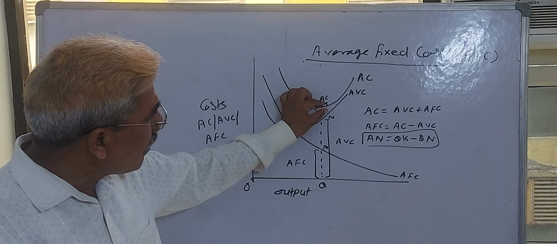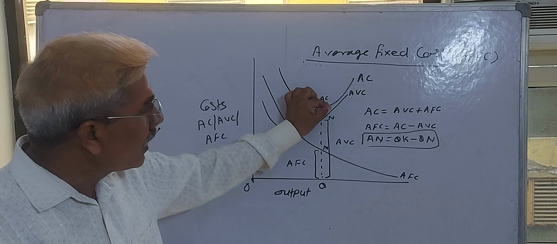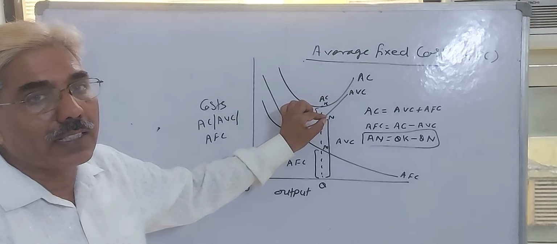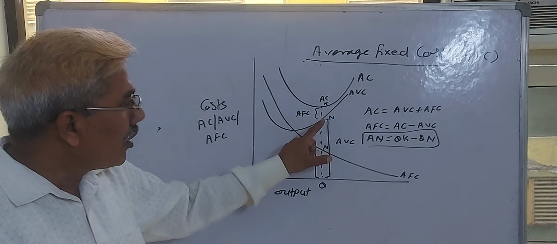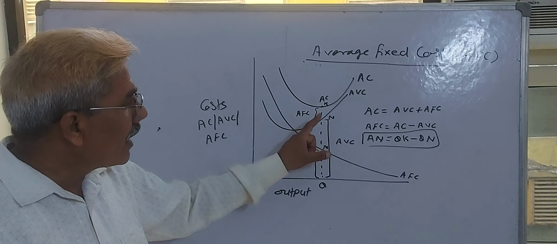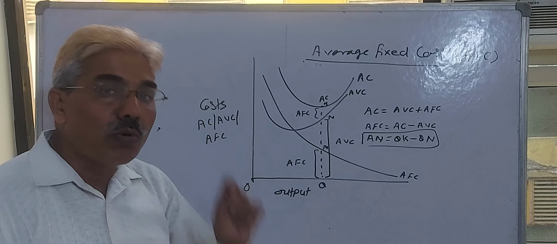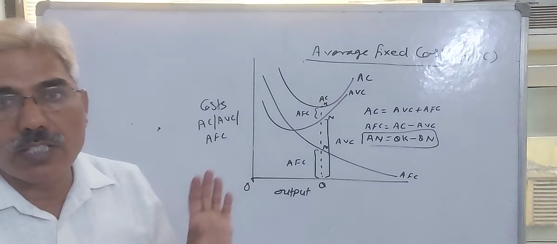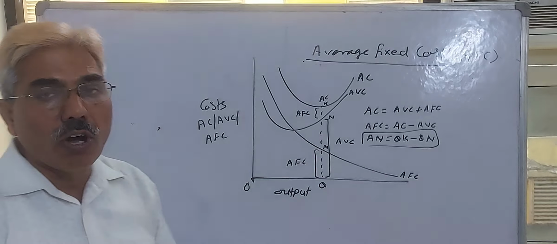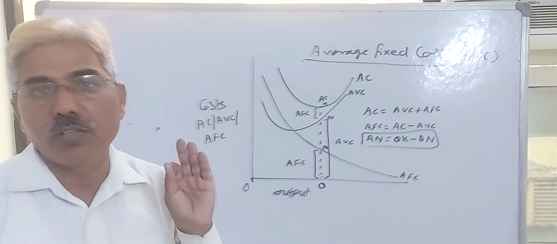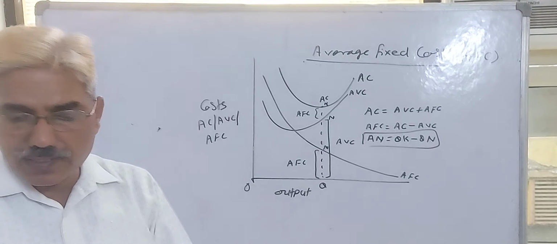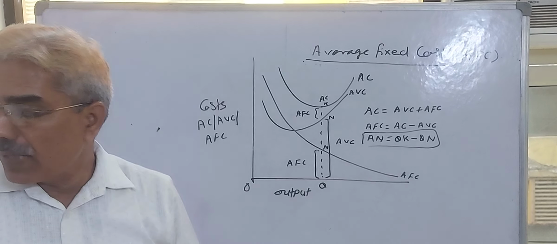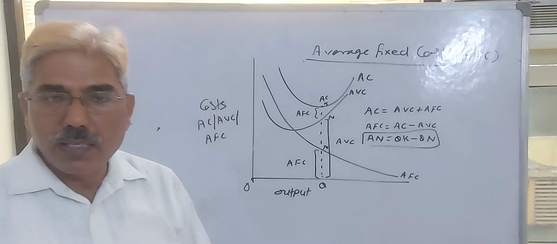The difference between average cost and average variable cost will decrease consistently. It means per unit output average fixed cost is decreasing, but total fixed cost is always constant at different levels of output. You keep this point in your brain. This explanation is of some complexity.